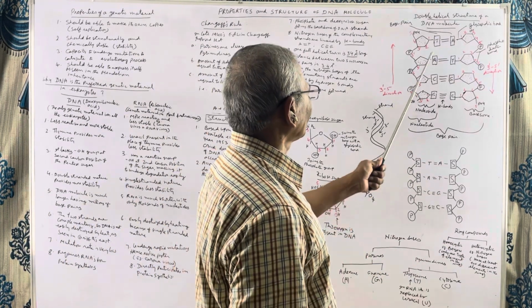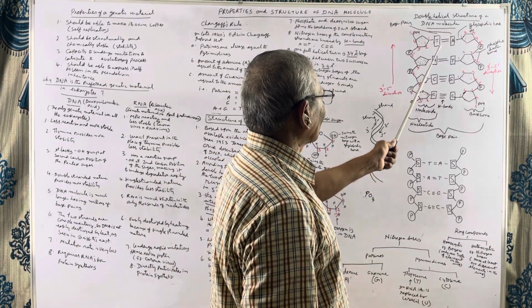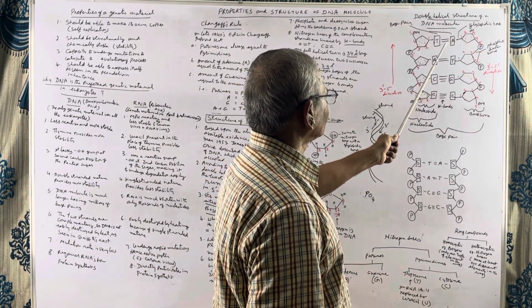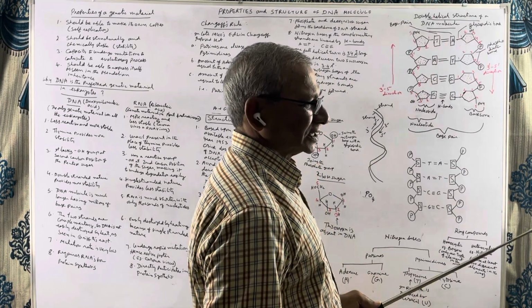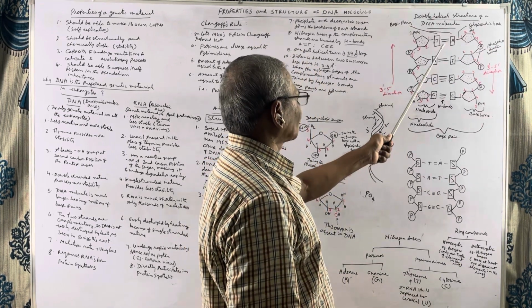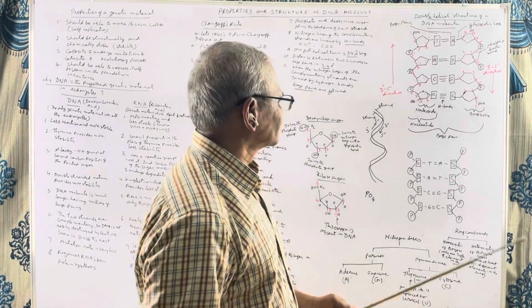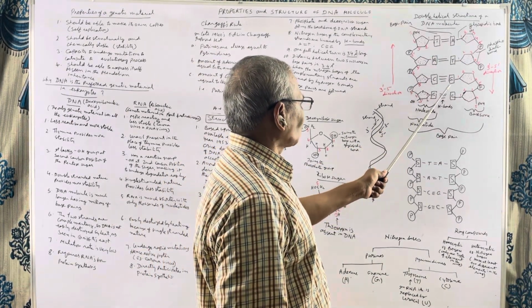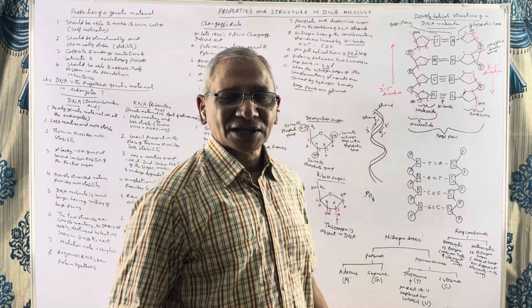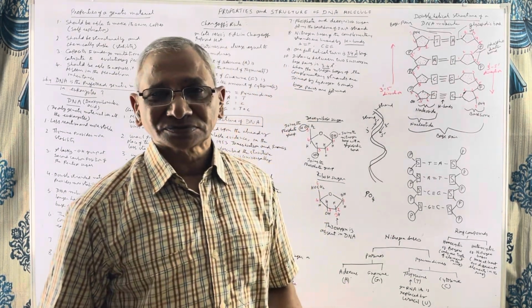Now, see here, thymine is combining here with adenine. Always, thymine and adenine are joined by two hydrogen bonds. This is very, very important. Whereas cytosine and guanine are joined by three hydrogen bonds.